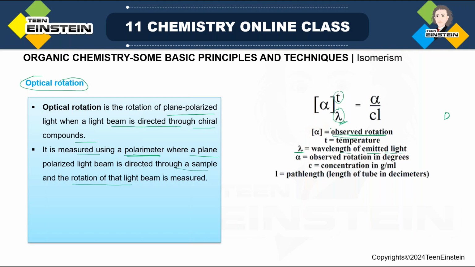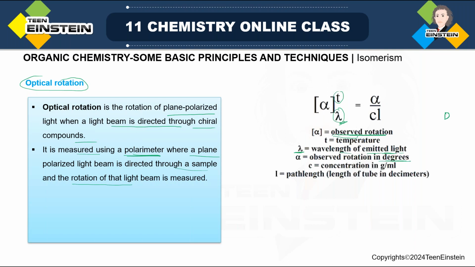But better you express it with lambda, so that it is a more general form. But mostly the sodium lamp is used, which has a specific lambda, that is wavelength value. So the wavelength of the emitted light is mentioned in this way, and alpha is the observed rotation in degrees.